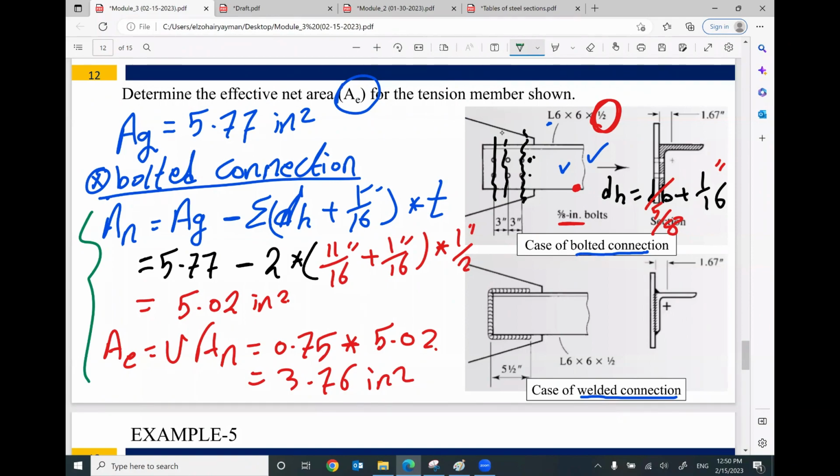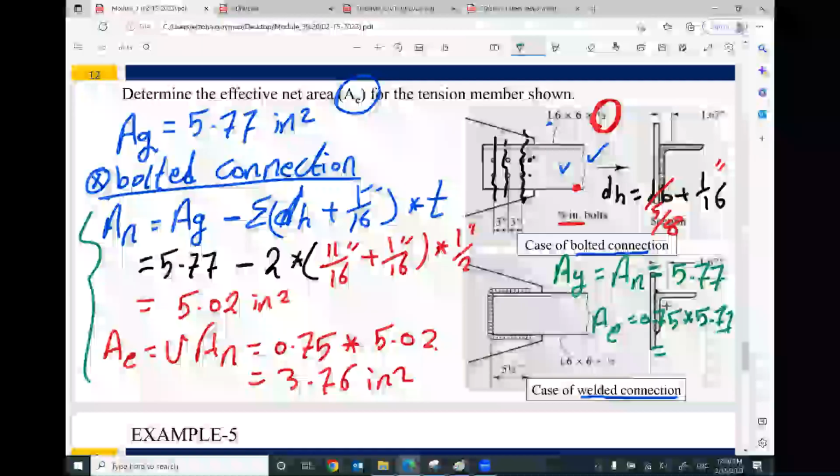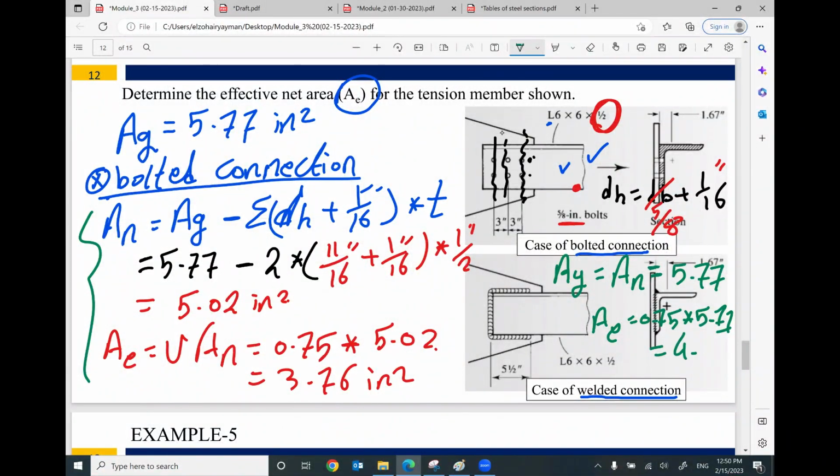If you have a welded connection, area gross will be the same as area net. No change because we don't have holes, which equals 5.77. And your area effective will be 0.75 times 5.77. Your value will be 4.3.